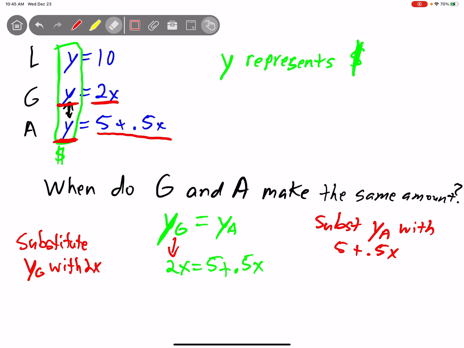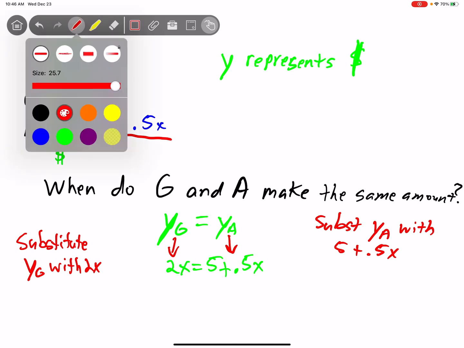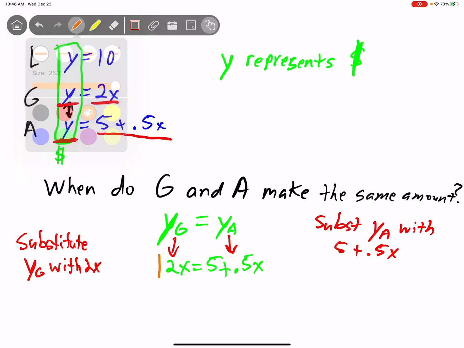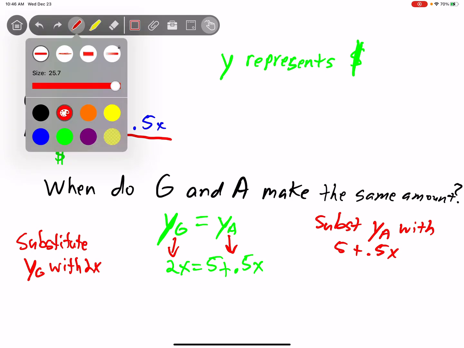Okay? We have a linear equation, which means we can solve for x, which is what we've been doing for weeks. Right? So let's do this. 2x equals 5 plus 0.5x. Well, I only have one number, so that can stay put. But I have two x's, right? There's an x term here, and there's an x term here. So I'm going to get rid of x from the right side so that the x's are separated from the numbers.